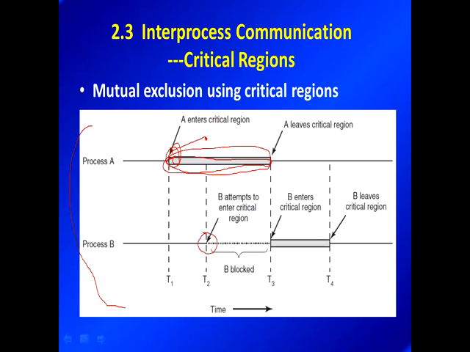When a process has to wait for something, it will be blocked. We just talked about this in the last class among the transitions among four states, if you remember. B wants to get in the critical region, but it cannot at this time because process A is already in it. So process B has to wait.